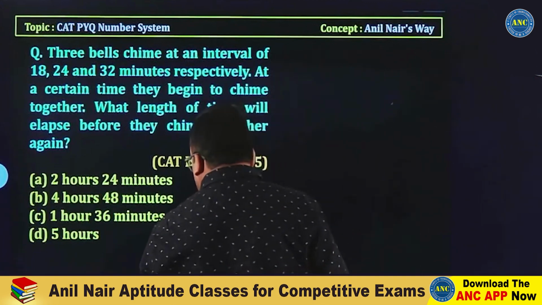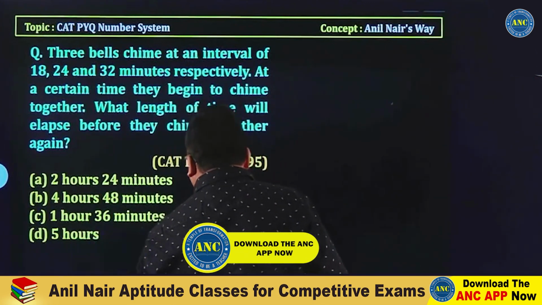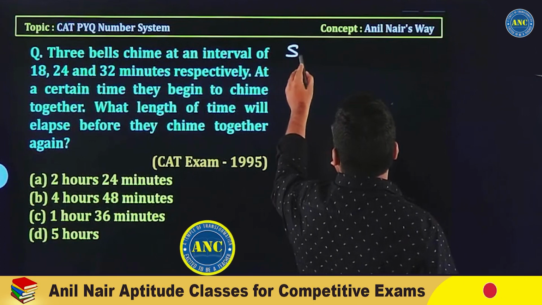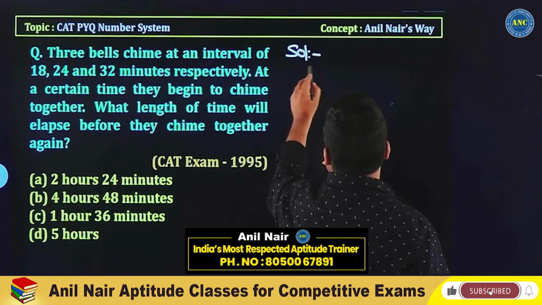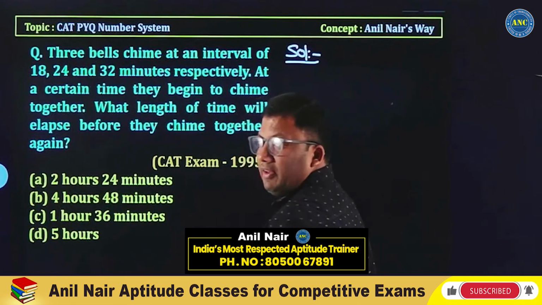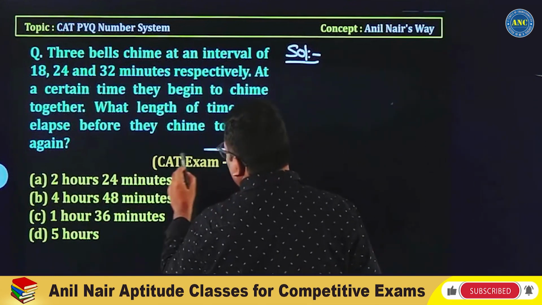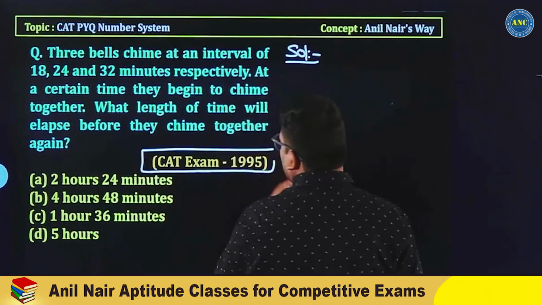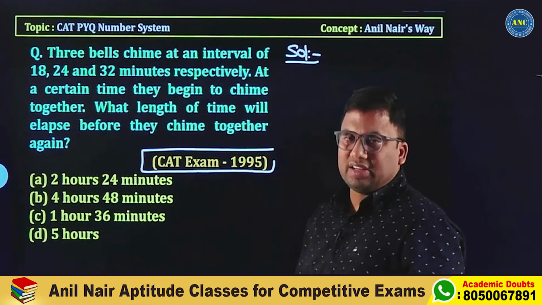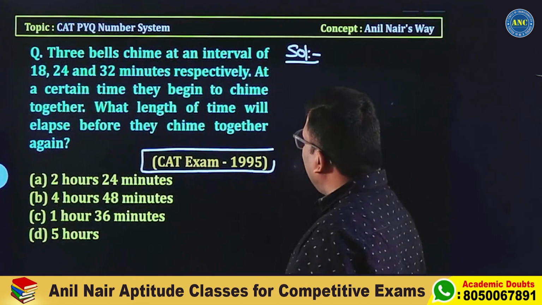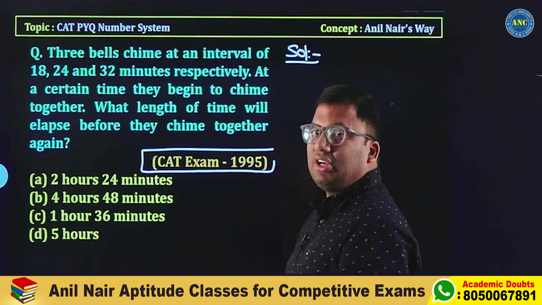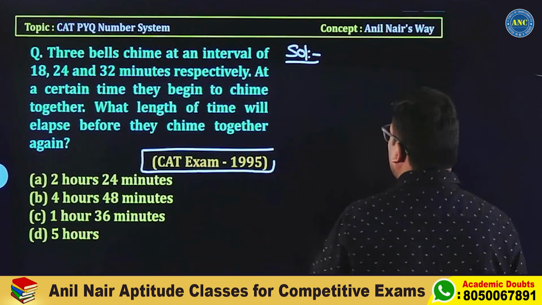Now let us read the next question. These kinds of questions, don't leave them. Again an original CAT exam 1995 question. There are 3 bells. These 3 bells chime at intervals of 18, 24 and 32 minutes.